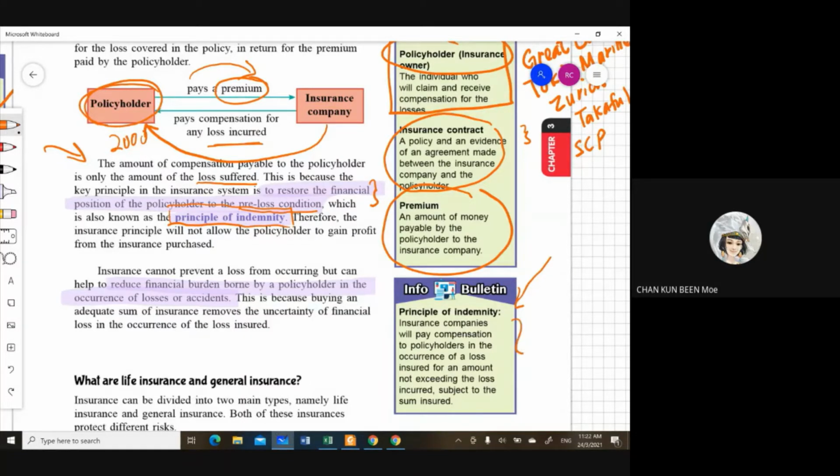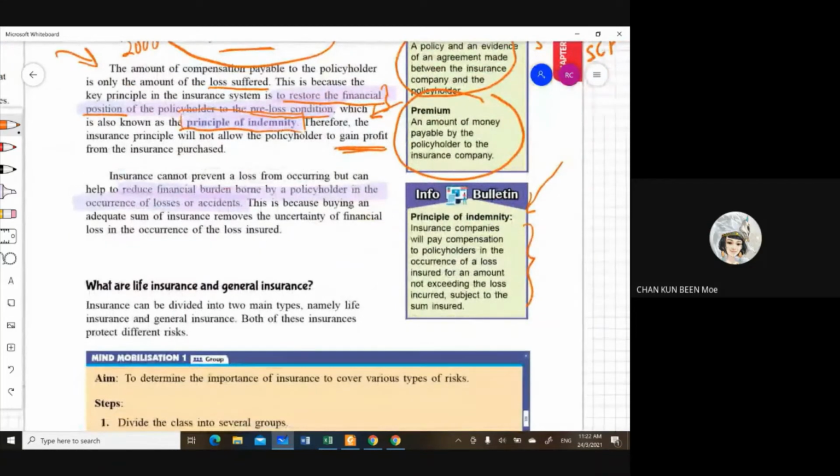So this is a very long explanation. Now we continue here. Therefore, the insurance principle will not allow the policyholder to gain profit from the insurance purchase. The purpose is not to gain profit. The purpose is to restore your financial position. That's why I highlighted this. Then we look at the third paragraph here.